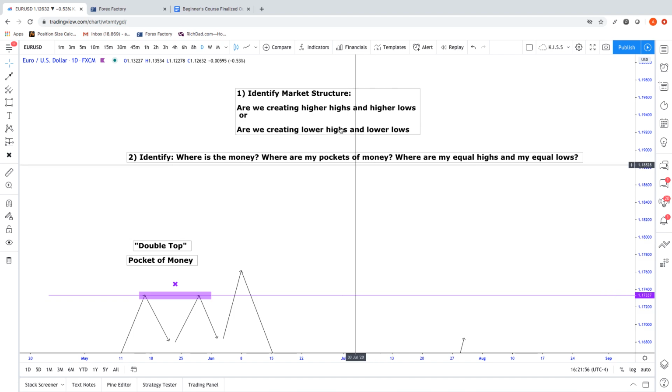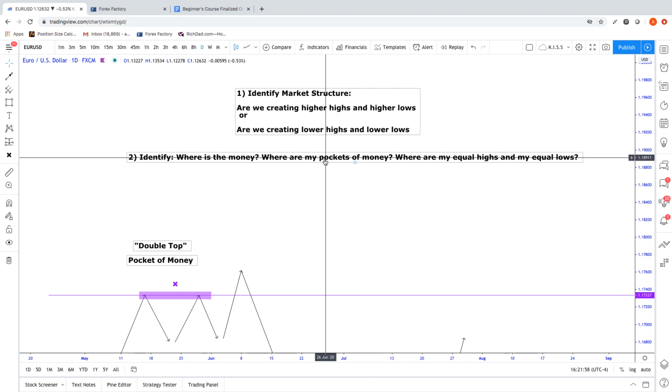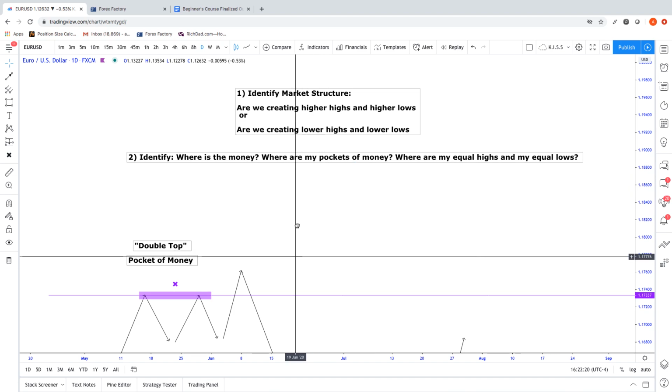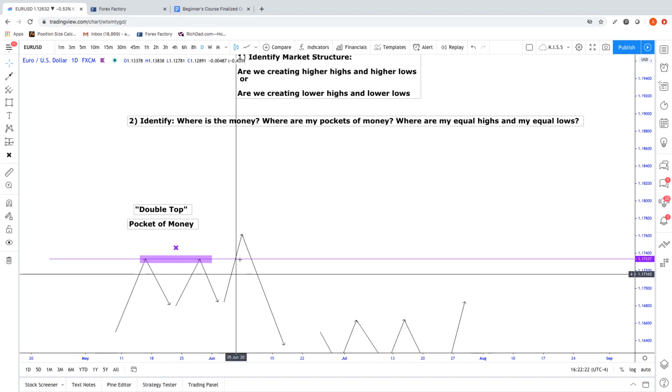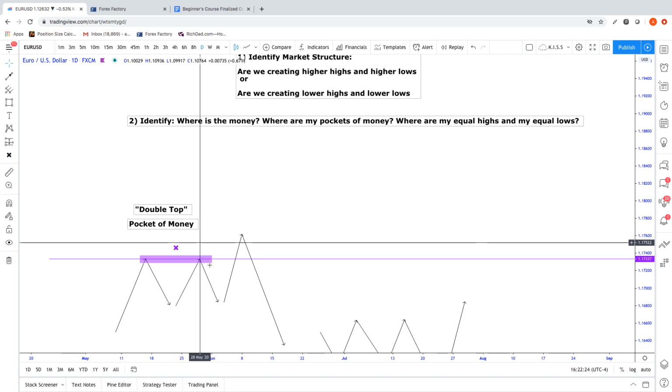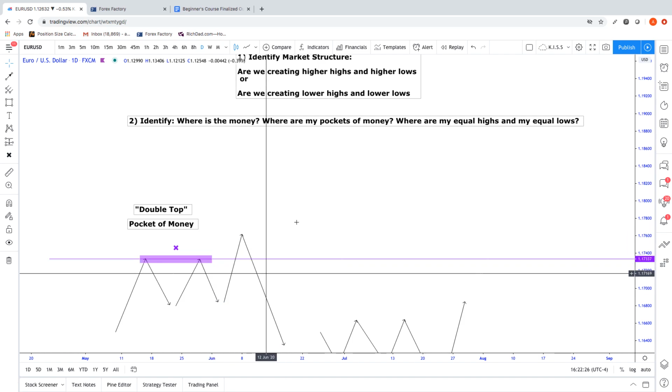Once you are able to master these two things, the advanced concepts and the way we enter, based off of how price responds within a pocket of money, we can then get into the more advanced concepts. We can identify very specific entry points based off of clues the banks have left upon purging, upon sweeping liquidity, upon entering the pocket of money.